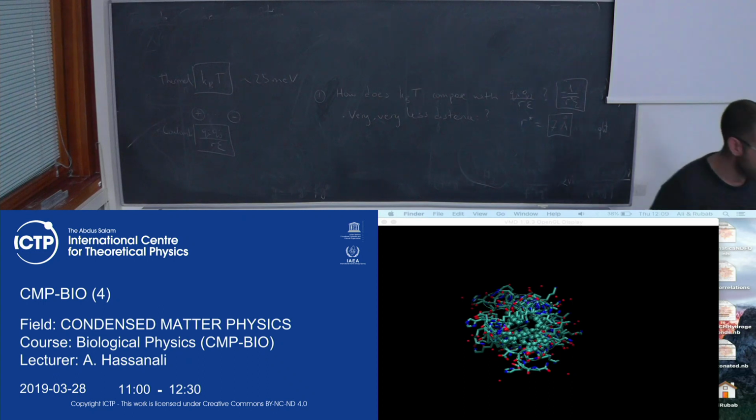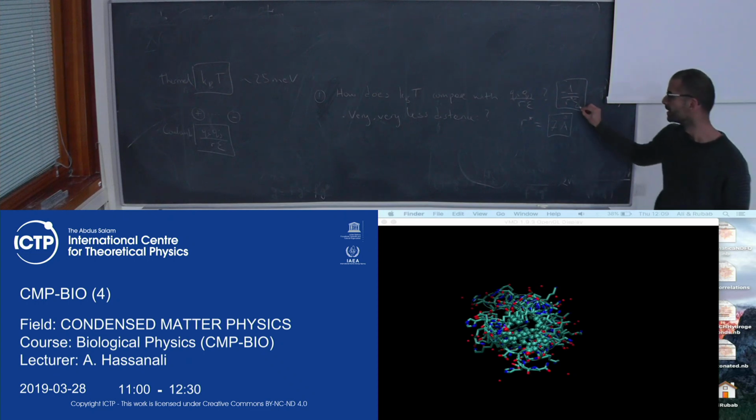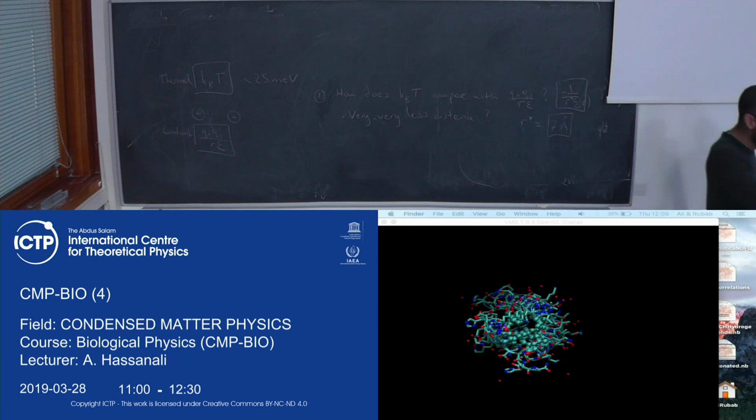So this argument of where I get the 7 angstroms assumes that I'm neglecting correlations in the liquid. So this epsilon is not constant. The epsilon may and will have some r dependence. Okay, fine.